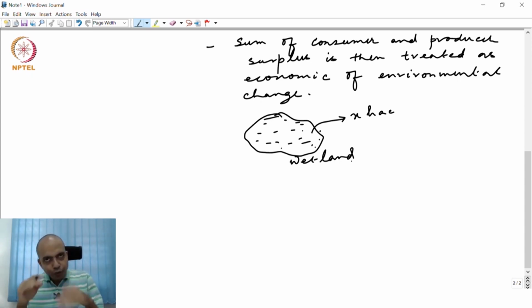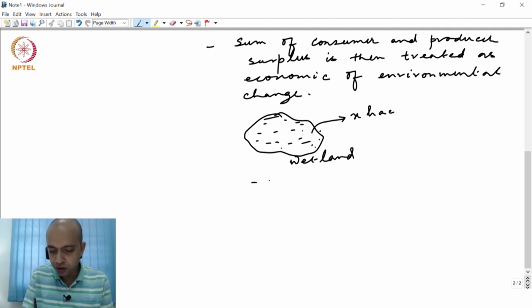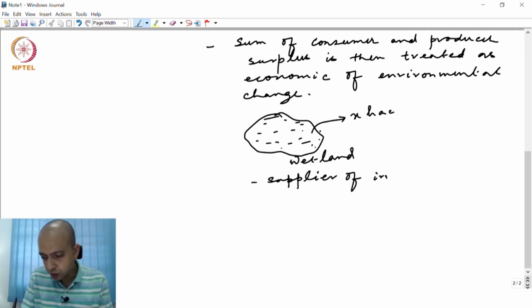So in the production function approach, we will try to assume what the different services are that we derive from the wetland, so that we can conceptualize different types of production function in which the services derived from the wetland enter as input. For example, firstly we can think that the wetland is a supplier of irrigation water. So this is service number 1, supplier of irrigation water.